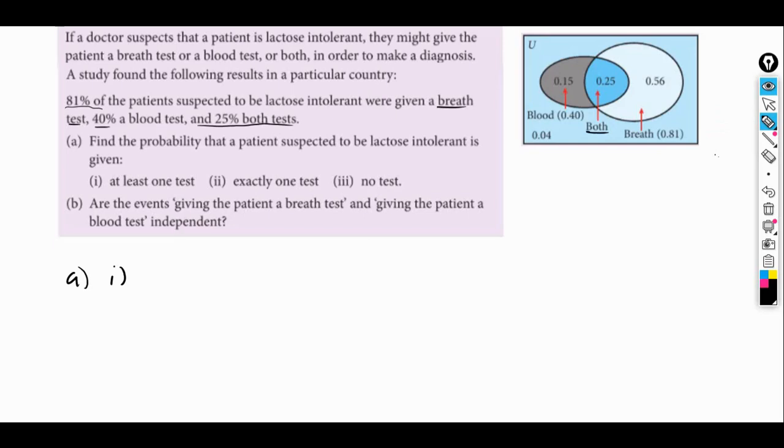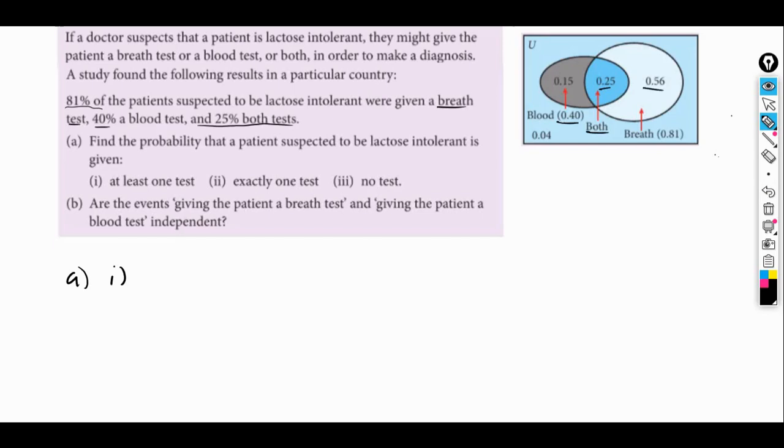The probability of taking the blood test is 40%, but taking only the blood test is going to be 15%. That is 40 minus the 25, because there's 25% who take both tests. Likewise, with breath, we have 81%, but only breath would be 56%.